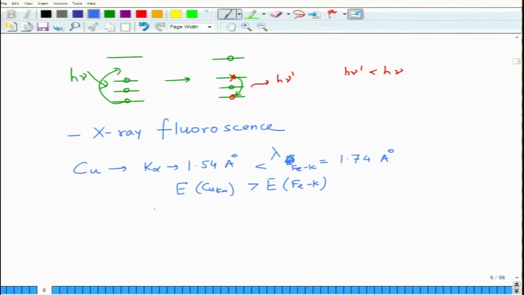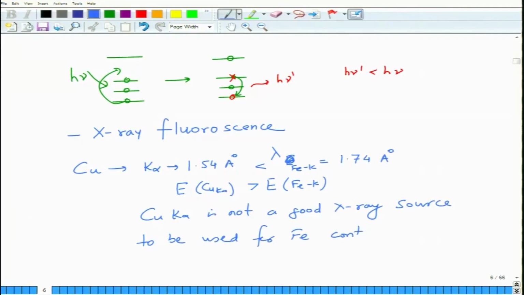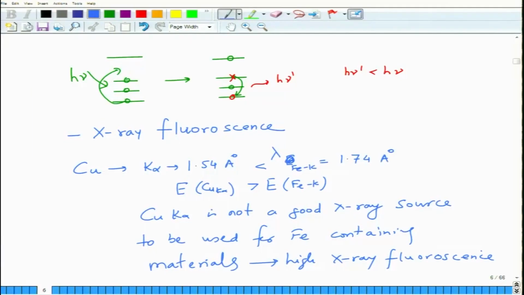So copper K alpha is not a good X-ray source to be used for iron containing materials, because it gives rise to high X-ray fluorescence, because the energy of Cu K alpha radiation is higher than the K absorption edge of iron.